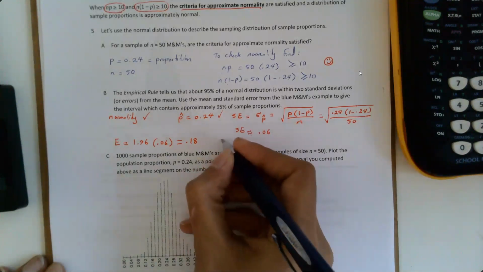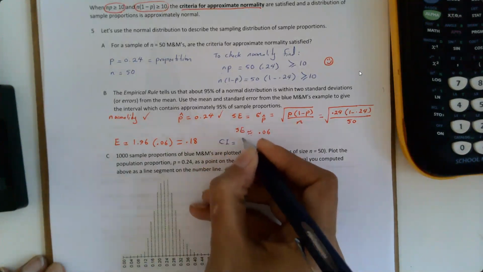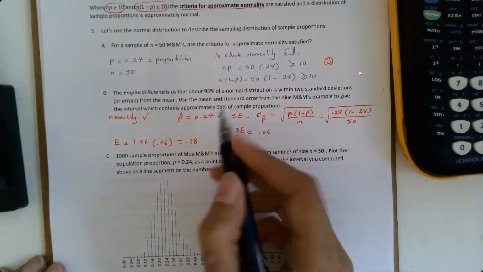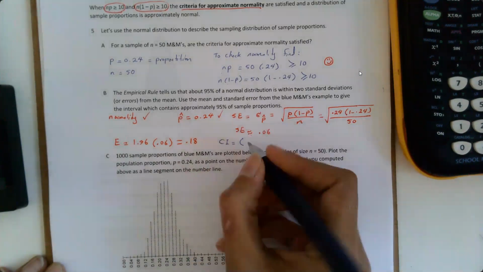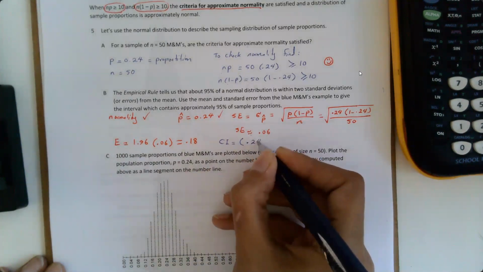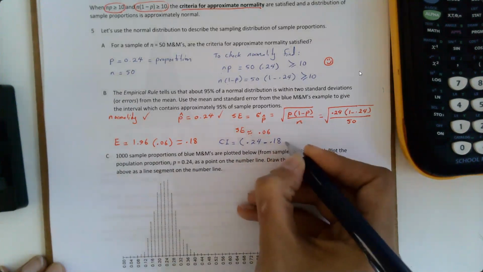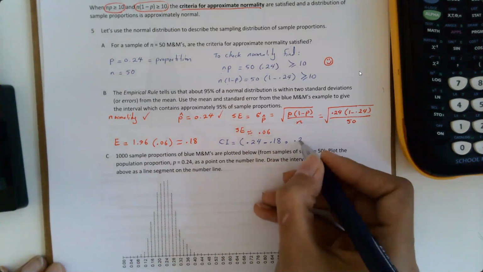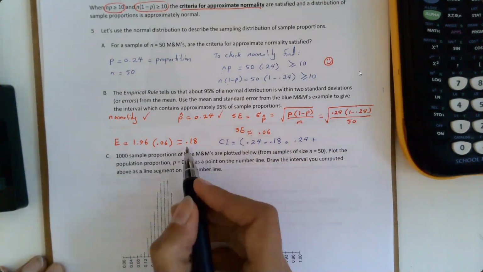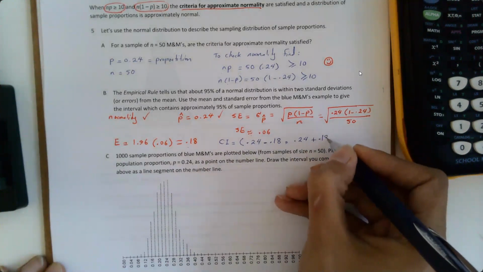So the confidence interval is equal to P hat, 0.24 or 24%, minus the margin of error 0.18, comma, 0.24 plus the margin of error 0.18.